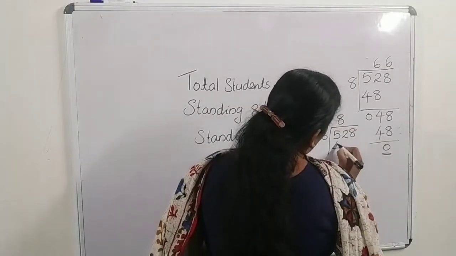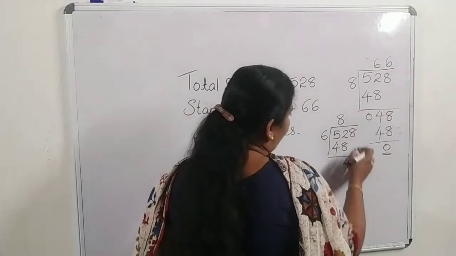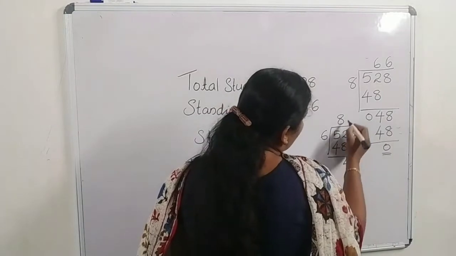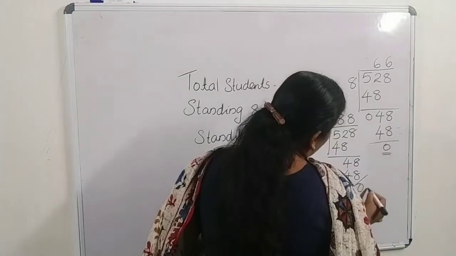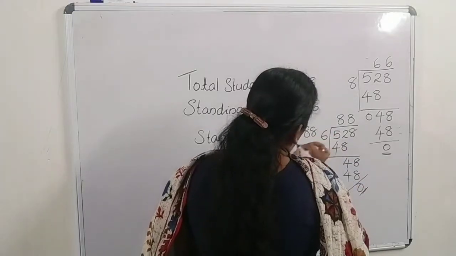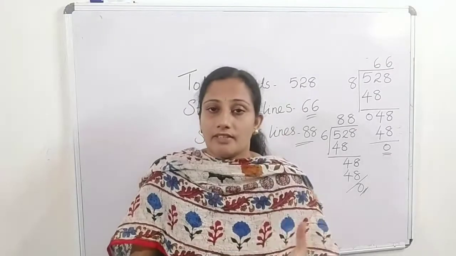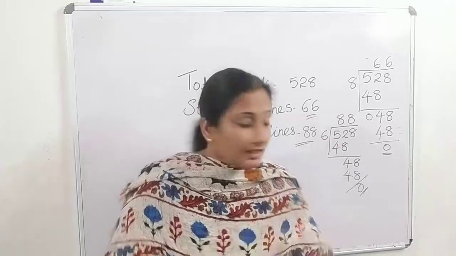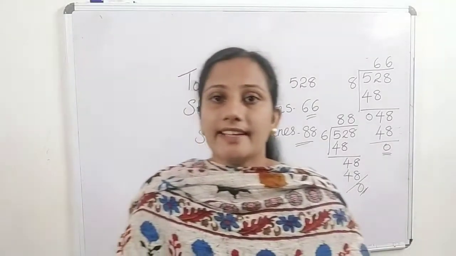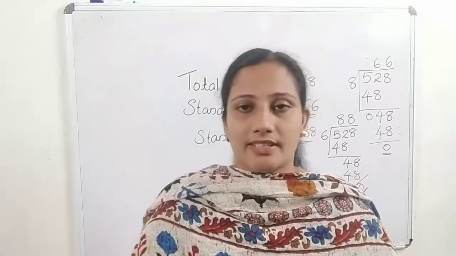Next subtraction. Bring down 8, then 48. How many times? Yes, 8 6s are 48. So the answer is 88. If they are standing in 6 lines, there will be 88 children in one line.